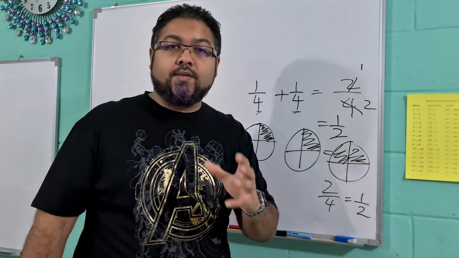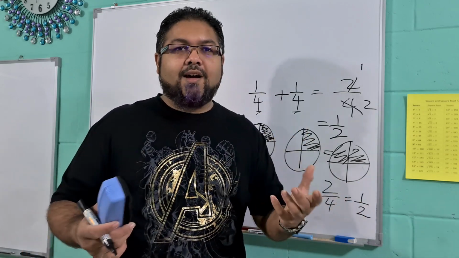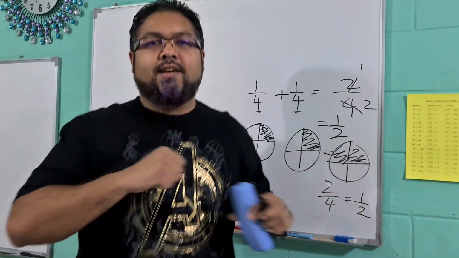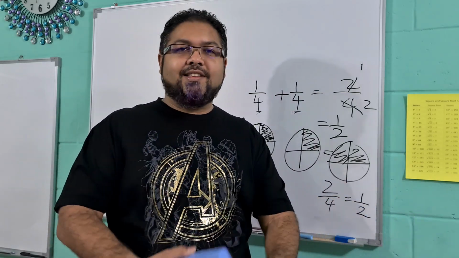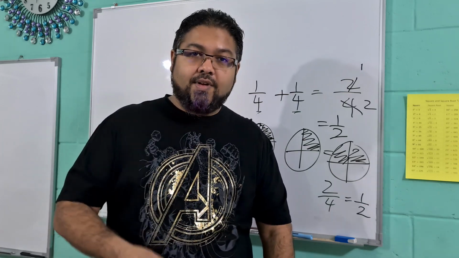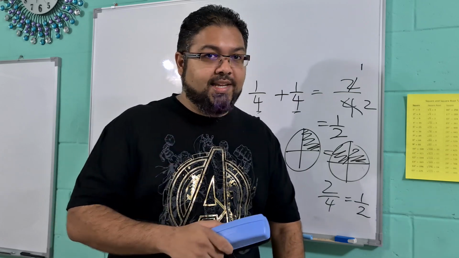Whenever you see questions involving addition or subtraction of fractions with the same denominator, you should be like, yes, and do the Fortnite happy dance. But unfortunately, a lot of the questions that come in the SC exam involve fractions with different denominators.